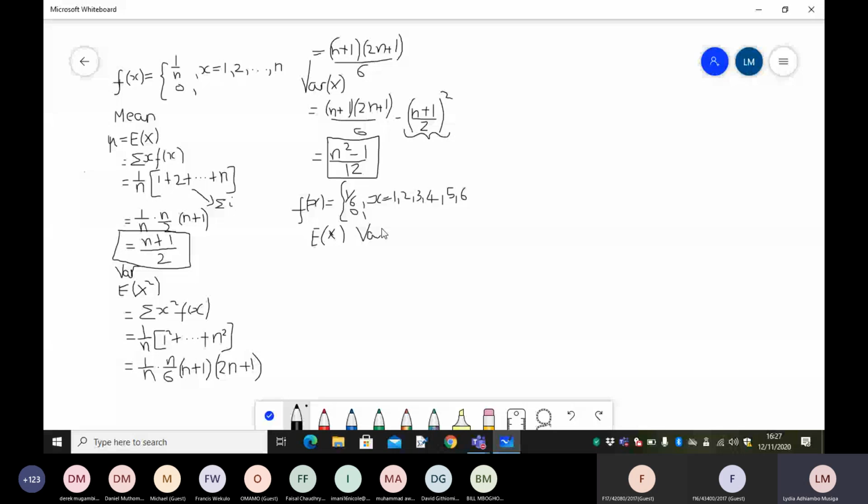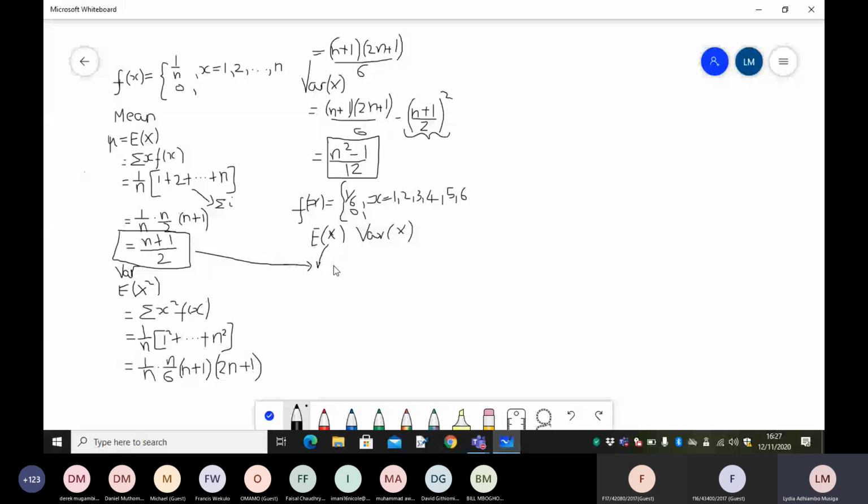So to get expectation of x, we already have the formula which gives us expectation of x, and it is n plus 1 over 2. So expectation of x, we just substitute where we have n, our n takes value 6.